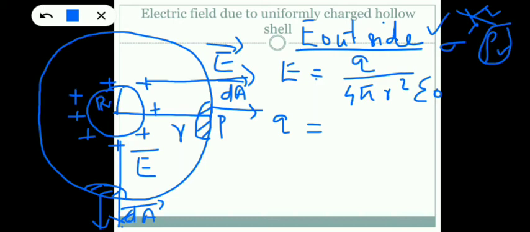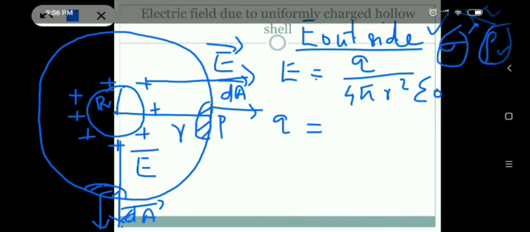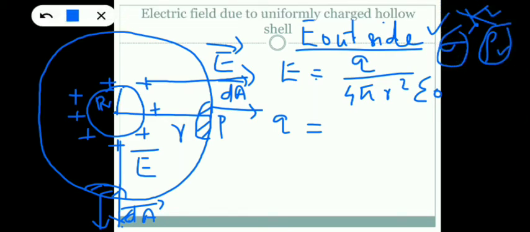But children, here the charges are not distributed throughout the entire volume of the sphere. Charges are distributed only on the surface. I had told you no charges reside inside the sphere; the inner side of the shell is empty. Charges reside only on the surface of the shell, so we can apply surface charge density sigma here.